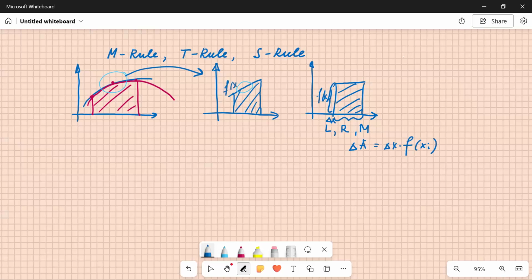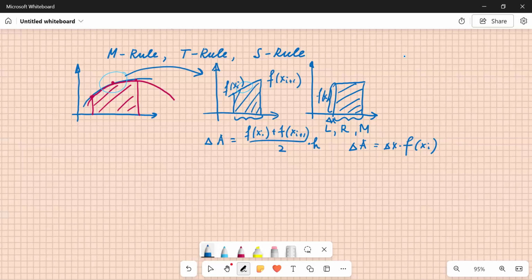Let's call it f(xi), and this side f(xi+1). So we have the average of f(xi) plus f(xi+1) divided by 2 and multiplied by the height. A normal trapezoid is going to look like this, right? For a parabola, the formula is going to be more complicated. We actually need to develop it. We are going to develop it.